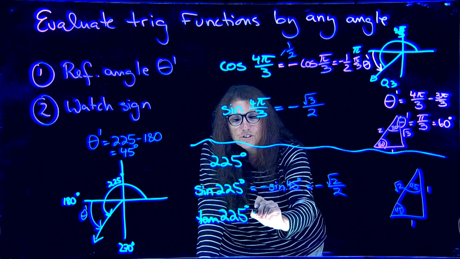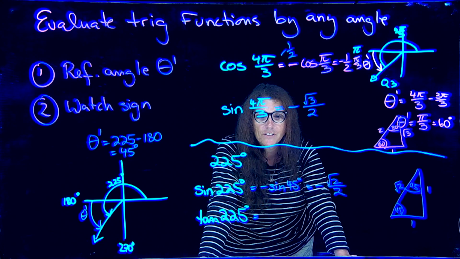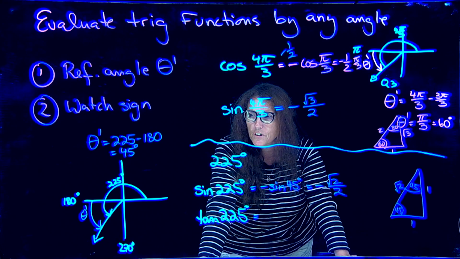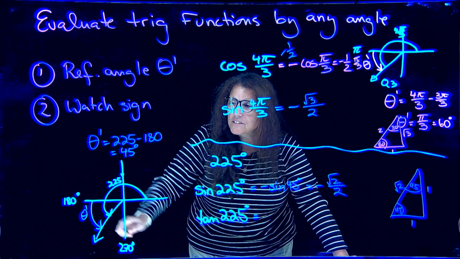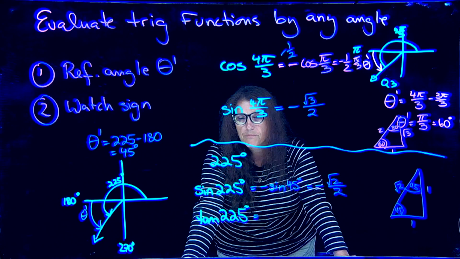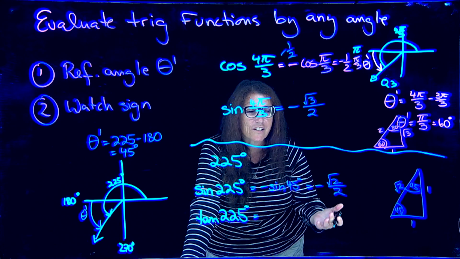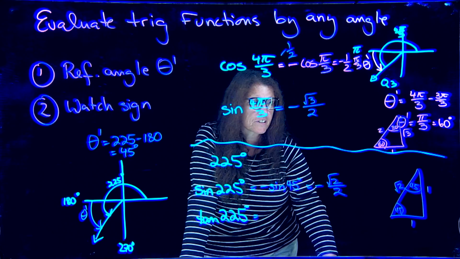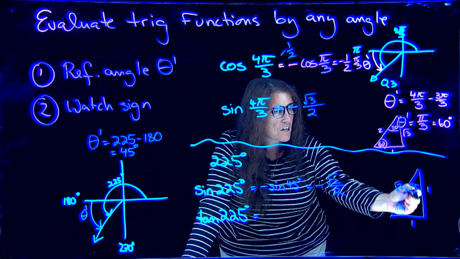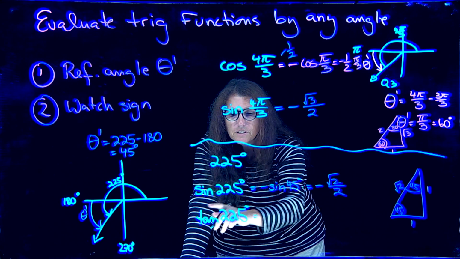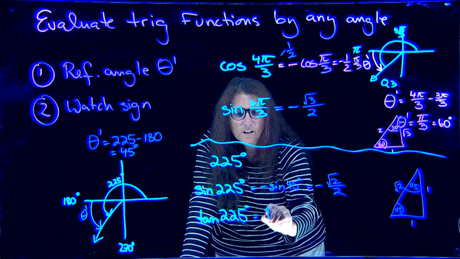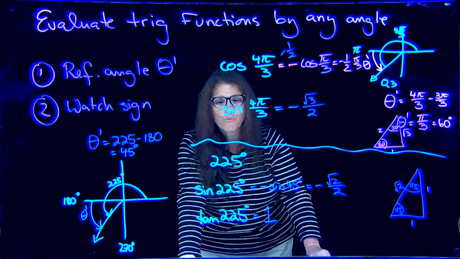And the tangent of 225 degrees is, first of all, positive in quadrant 3, so I don't have to say it's positive tangent of 45 degrees. Tangent is opposite over adjacent, so the tangent of 225 degrees is 1.